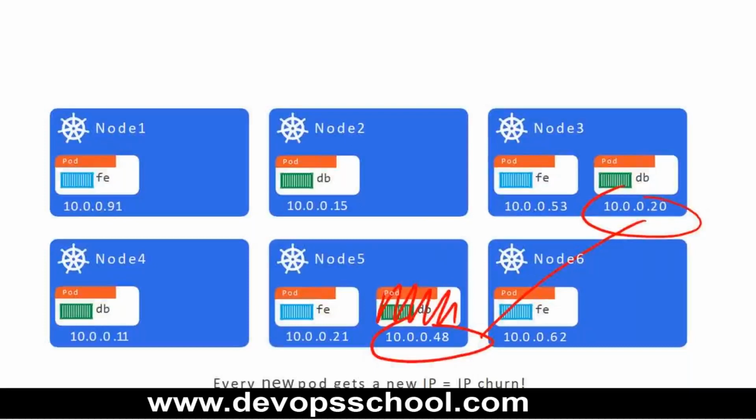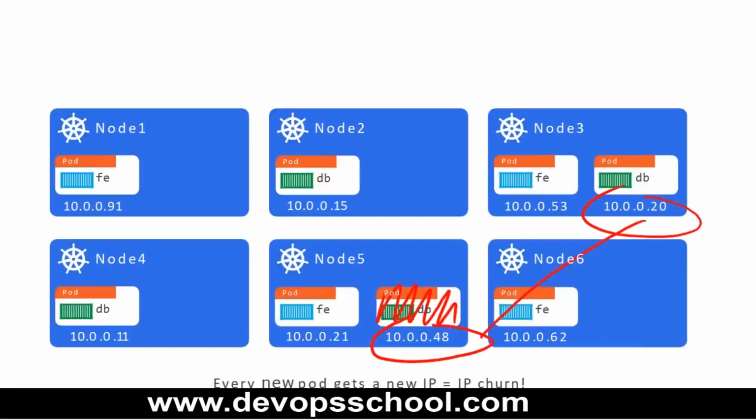In order to understand what services are, let's look at this picture here. Here you have 6 nodes: node 1, node 2, node 3, node 4, node 5, node 6. You see each node has a pod, and each pod has an IP address.